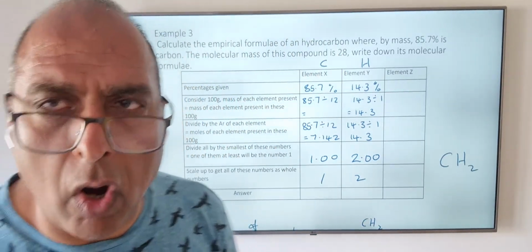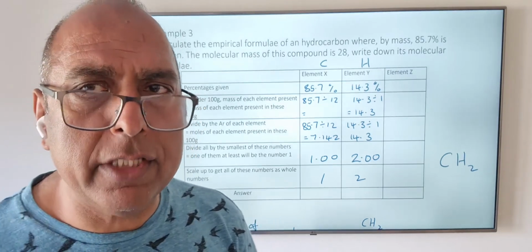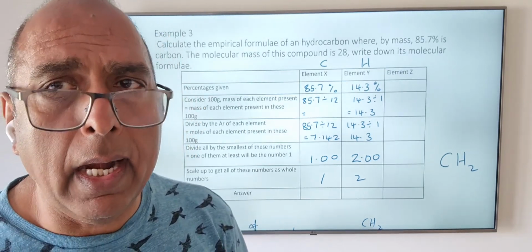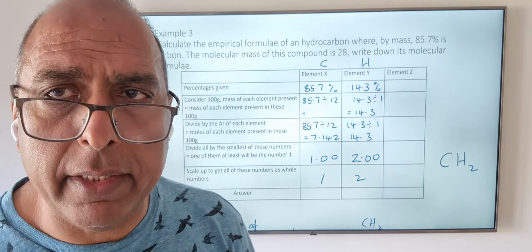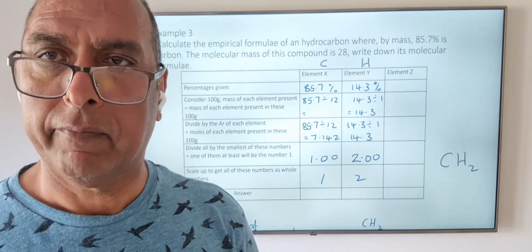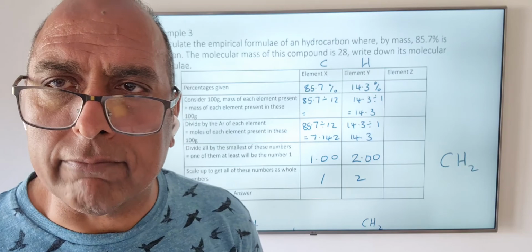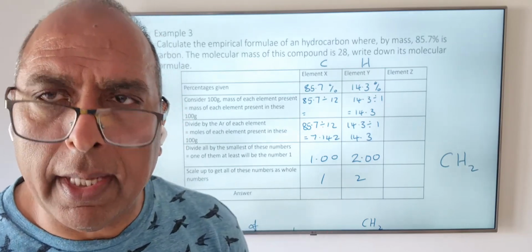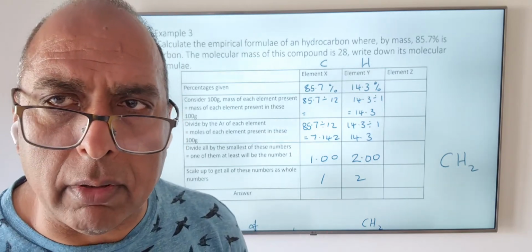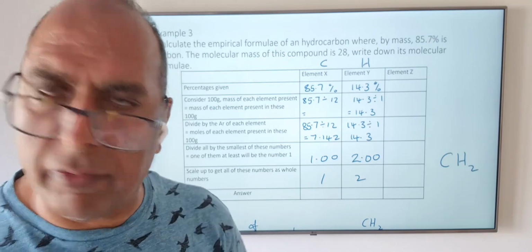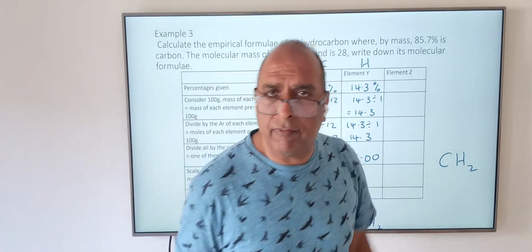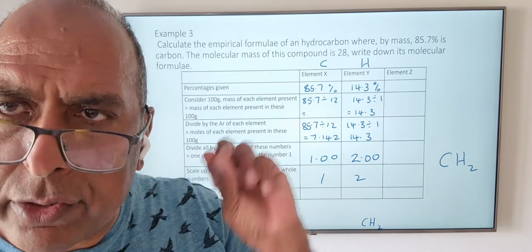And what did I witter on and on about? How is the empirical formula related to the molecular formula? And I said it was a multiple. I said the molecular formula is always a multiple, like 1 lot of it, or 2 lots of it, or 3 lots of it. But this empirical formula, 1 carbon, 2 hydrogen, CH2.